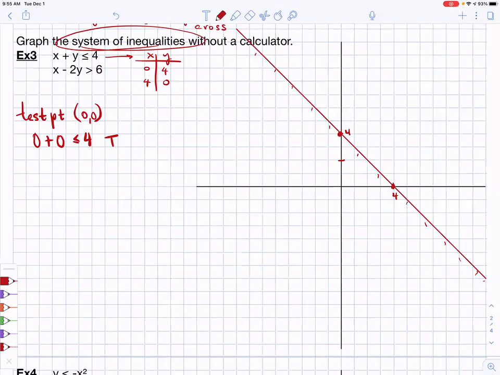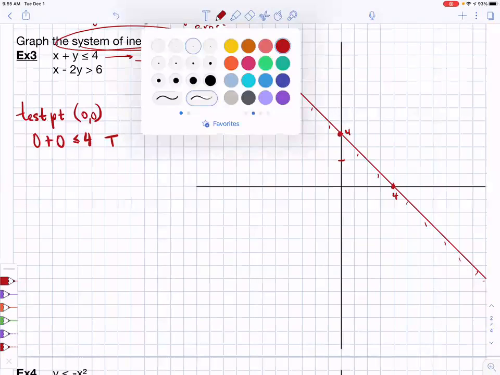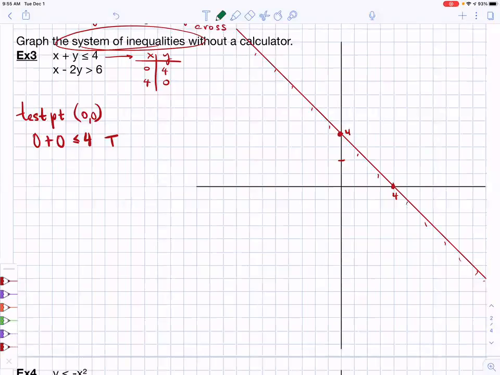Let's move to the second inequality, and I'm going to change colors on the second inequality. Okay, we'll stick with the Christmas theme since today is December 1st. Okay, all right, so on the second line then, we'll do our XY chart again.